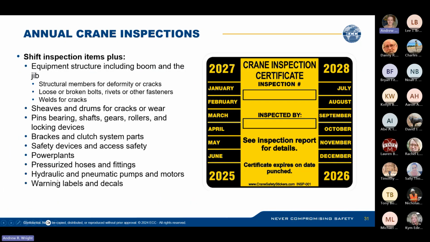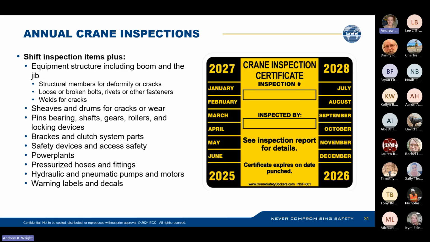Annual crane inspections are required for all cranes. So it's all the shift inspection items plus equipment structures, including the booms and the jibs, the structural members for deformities or cracks, loose or broken bolts, rivets, or other fasteners, welds for cracks or deformations. Check the sheaves and drums for cracks or wear.